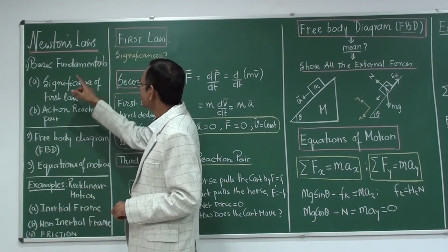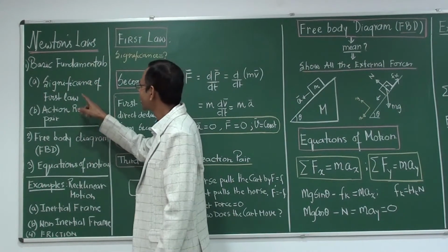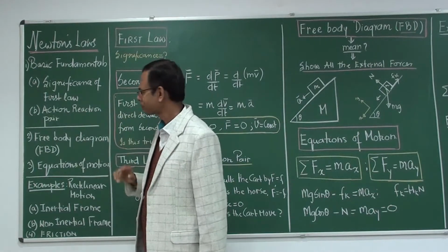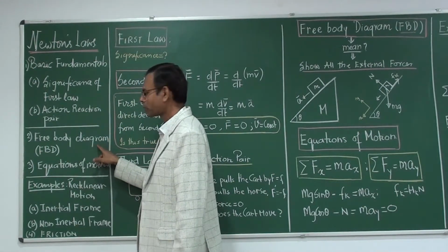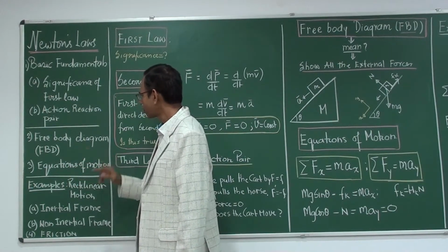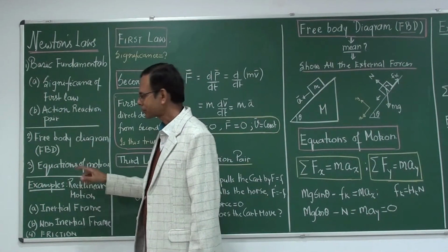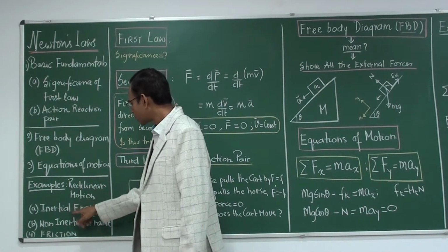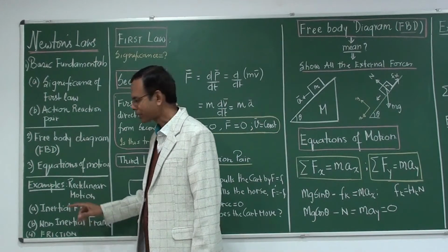Newton's laws. First, basic fundamentals, significance of the first law, action-reaction pair. Then we will see free body diagram, very important. Equations of motion, these 2 are very important. The examples I will take: rectilinear motion, inertial frame and non-inertial frame.